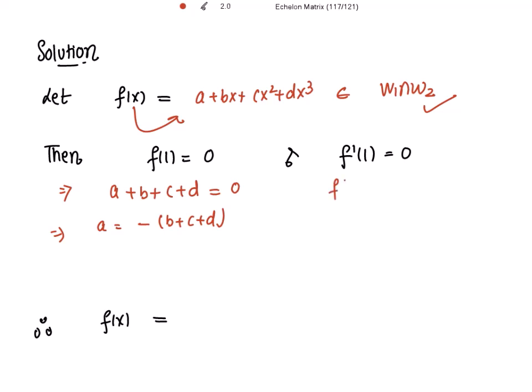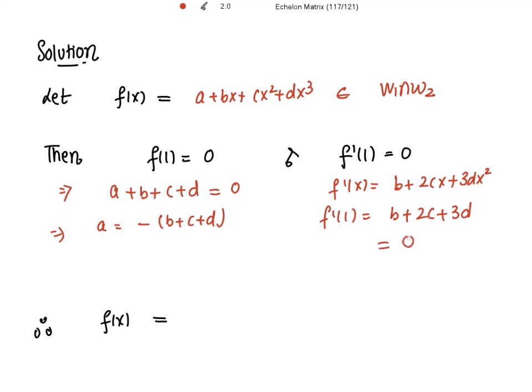For that we need f'(x) first, the derivative of f(x) with respect to x. So this is b + 2cx + 3dx². And f'(1) becomes b + 2c + 3d, which is equal to 0. So from here we get b = -(2c + 3d).